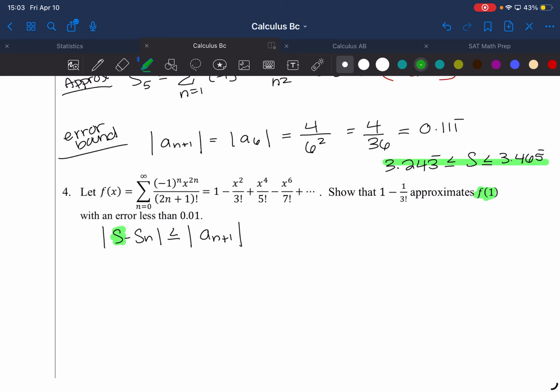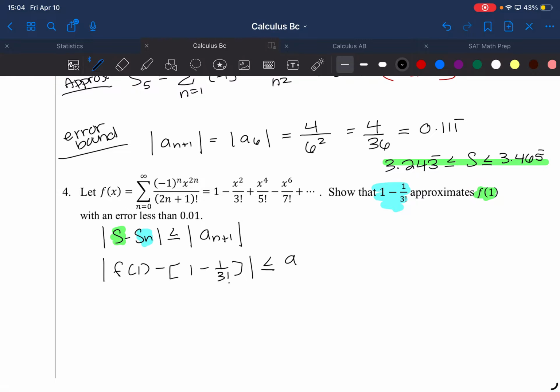So we already have s. S sub n is going to be that approximation, so this part that they gave us. So I'm just going to plug that in. So I have the absolute value of f of 1 minus 1 minus 1 over 3 factorial, and I need to see that this is less than or equal to a sub 3.